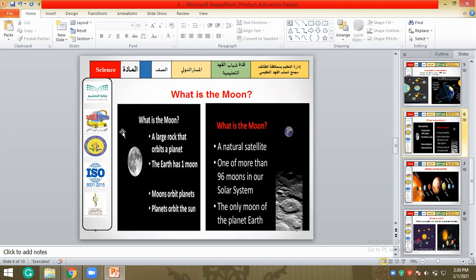The Earth has one moon. Moons orbit planets.